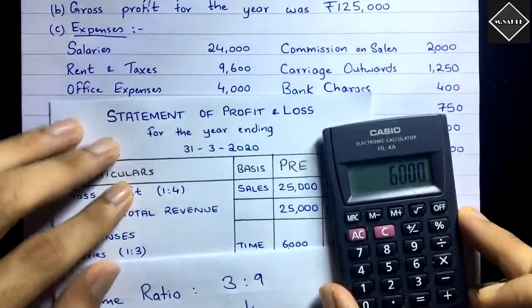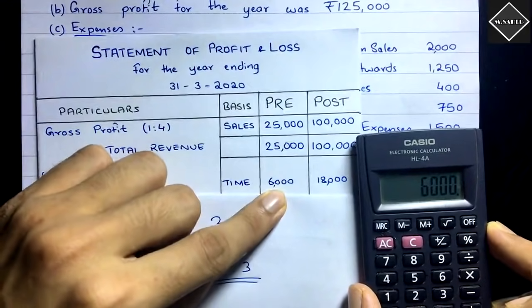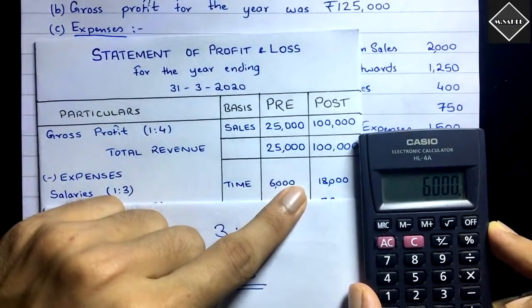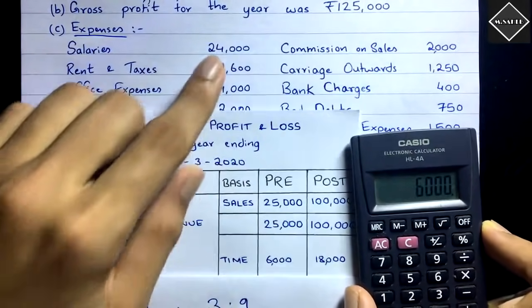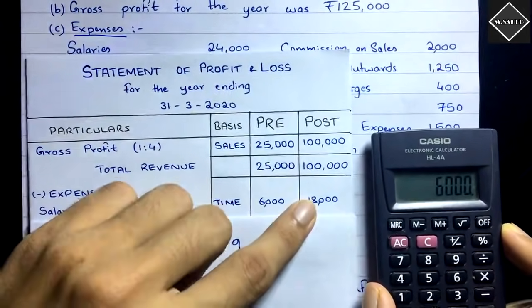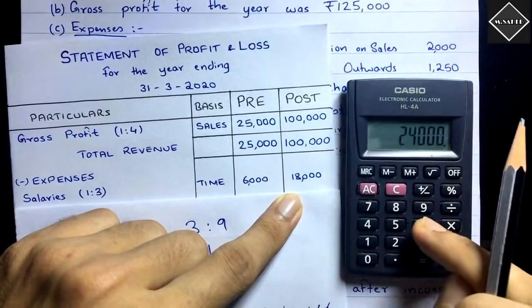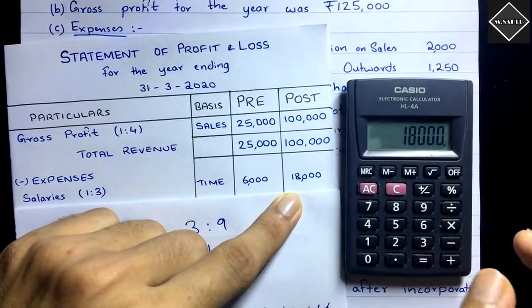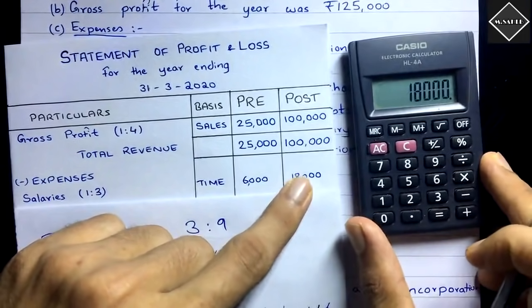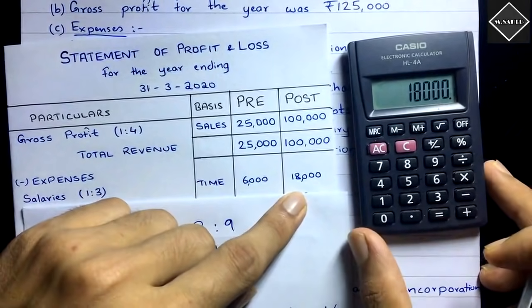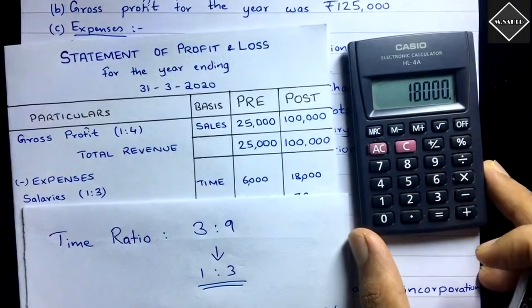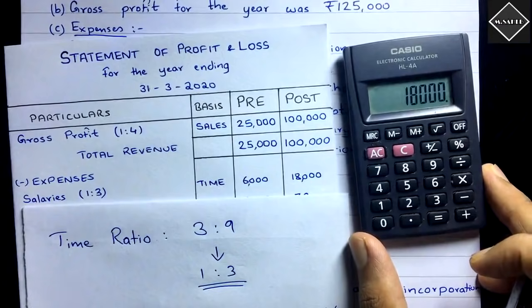Then 6,000 will go to the pre-column. The remaining of the 24,000 will go to the post column. 24,000 minus 6,000 is equal to 18,000, so 18,000 will go to the post column. This is the better way to do it, because it's faster than calculating all the ratios.